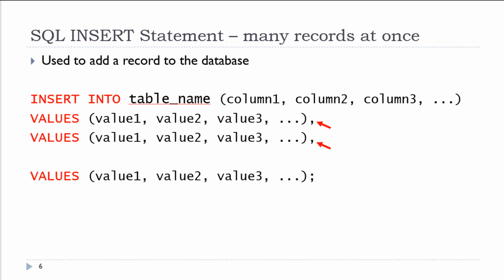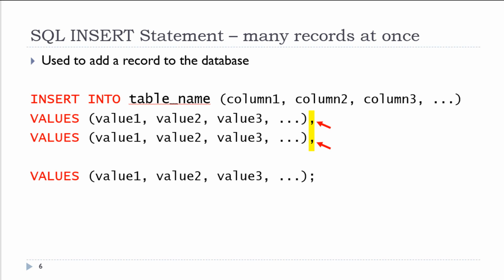If you are adding values into the specified columns, you can insert multiple records at once. You would only need one insert into statement and then just add the values for every record.